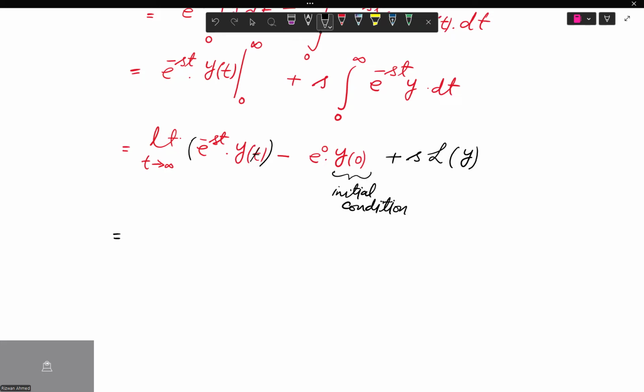So finally, we will get the last term, s times the Laplace of y, which I write with the other notation, minus y of 0. So this is the definition of Laplace transform of y prime.